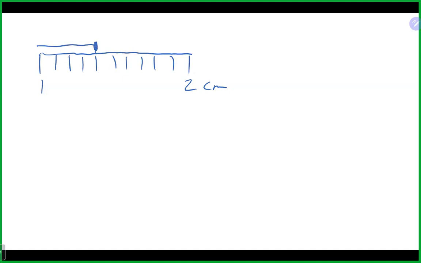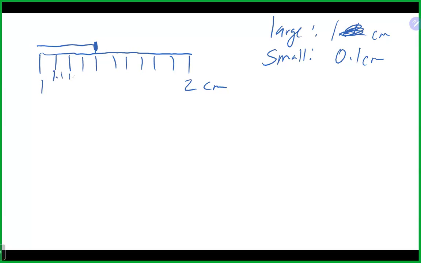So just like on the first example, we have large markings that represent 1 centimeter. We have smaller markings, there's 10 of them, that represent 0.1 centimeter. And again, that would mean that the smaller markings here are 1.1, 1.2, 1.3, 1.4, 1.5, and so forth.